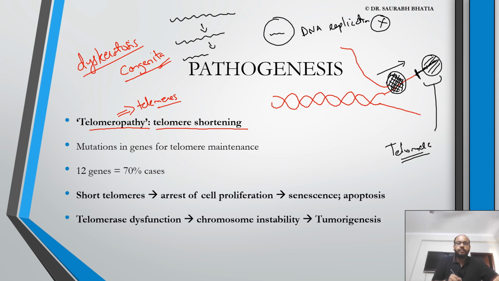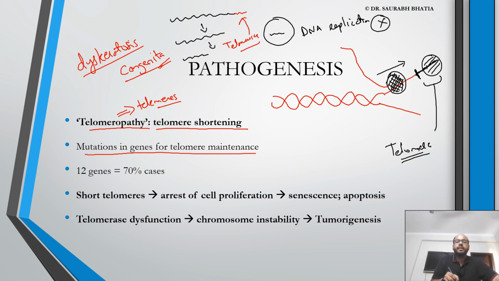Now, dyskeratosis congenita is because of mutations in genes for telomere maintenance. What exactly happens is that with every replication, some amount of telomere is also added so that it doesn't get shortened prematurely. And this action is because of telomerase, which is responsible for the elongation of telomere so that the cell can easily replicate in subsequent cycles.